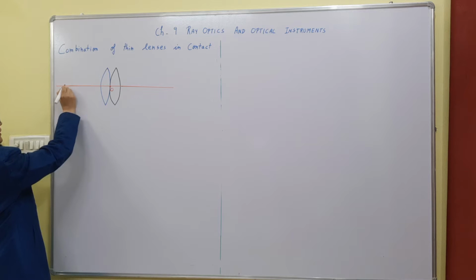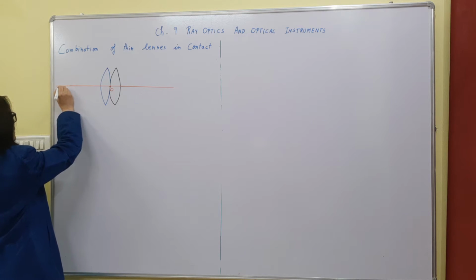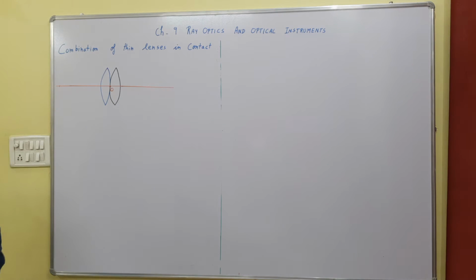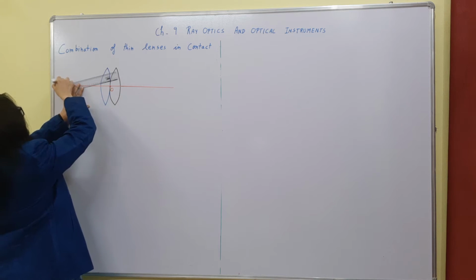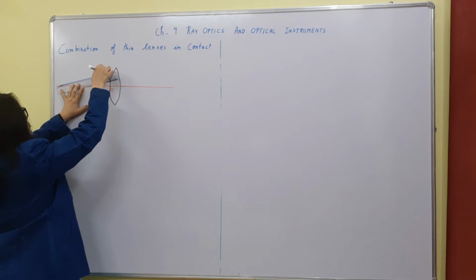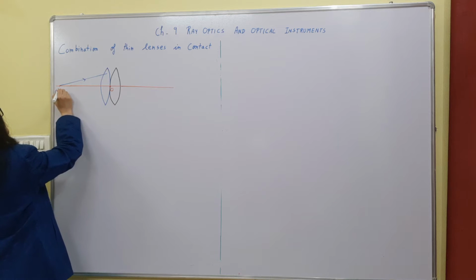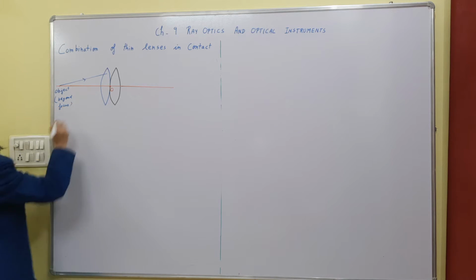And if we consider that the object is placed beyond the focus of this lens, then the ray will strike here, right?